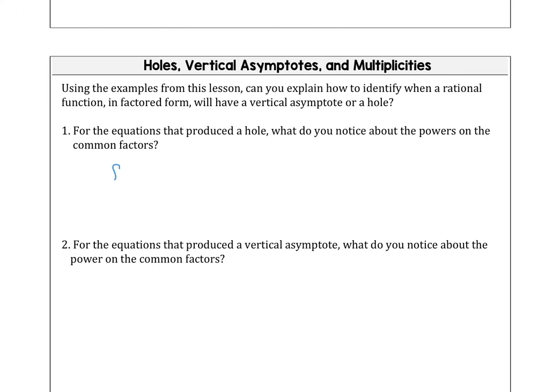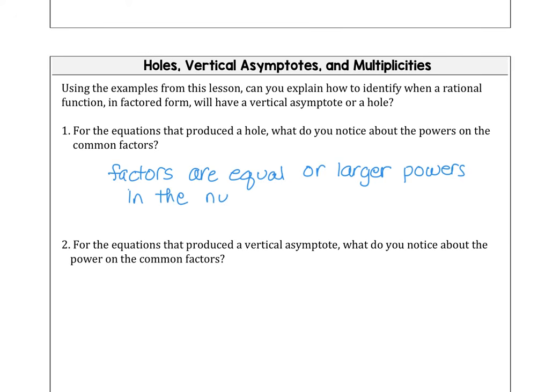Well, we found that if the factors are equal or larger, the powers in the numerator, that's what would produce a hole.